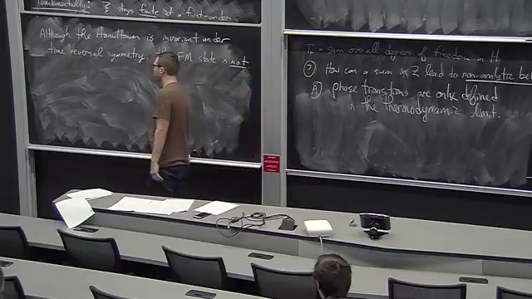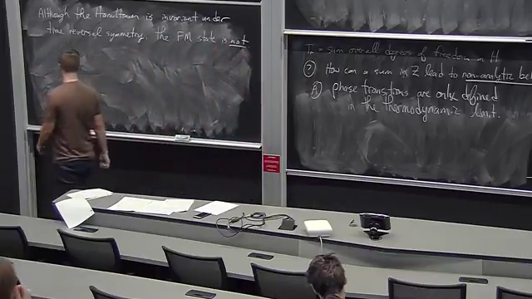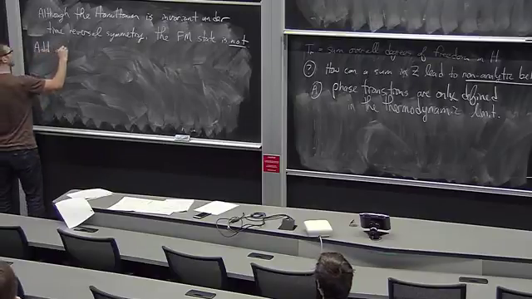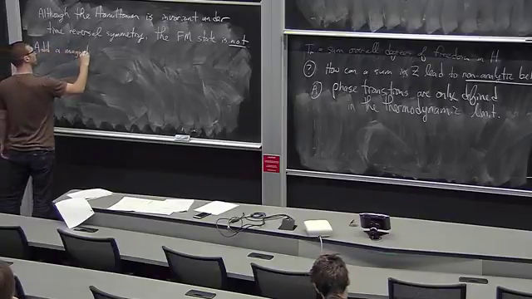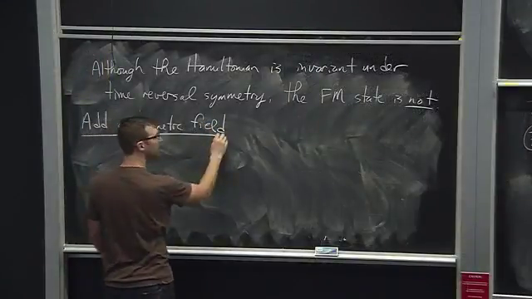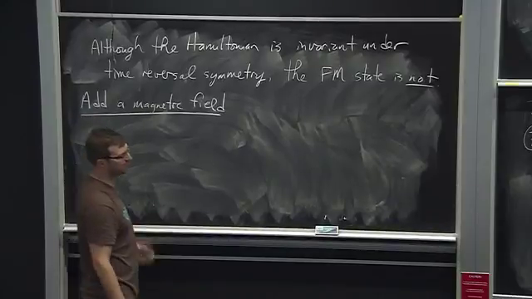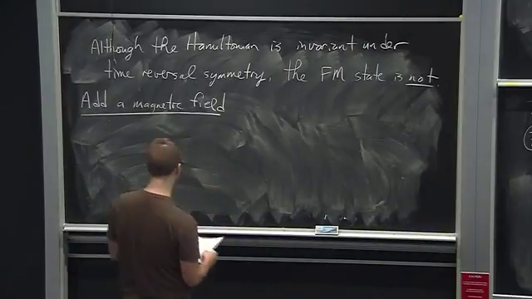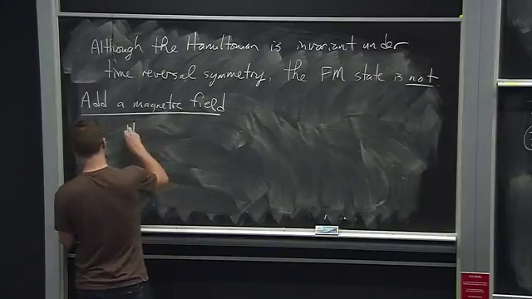Okay, so let's explore this idea of spontaneous symmetry breaking a little more by adding a magnetic field. So an external field to your model of magnetism. So it's the same Hamiltonian. I'm just going to add a B field to it.